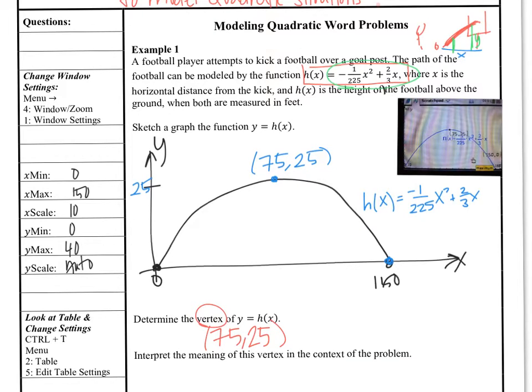It says interpret the meaning of this vertex in the context of the problem. So remember that we're kicking horizontally. So this is the distance horizontally.